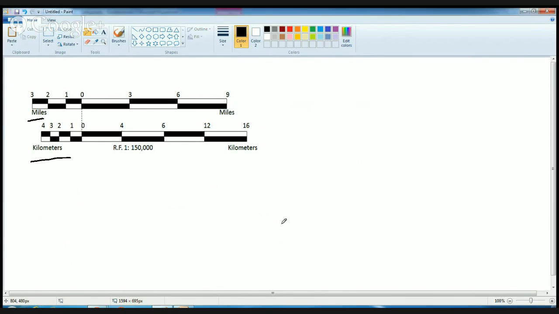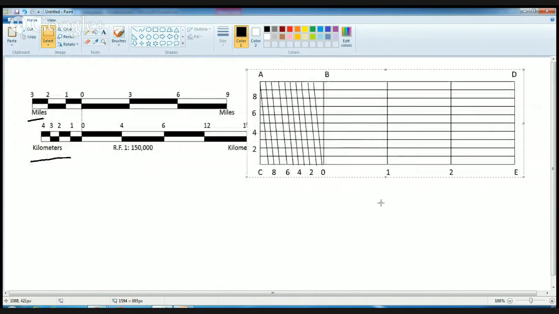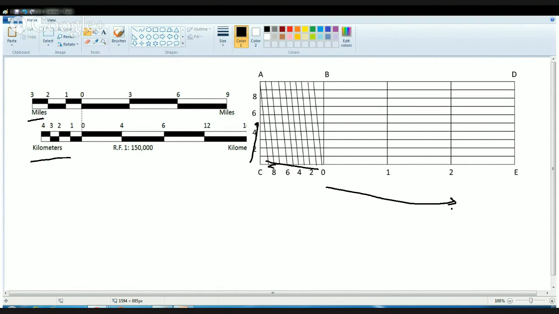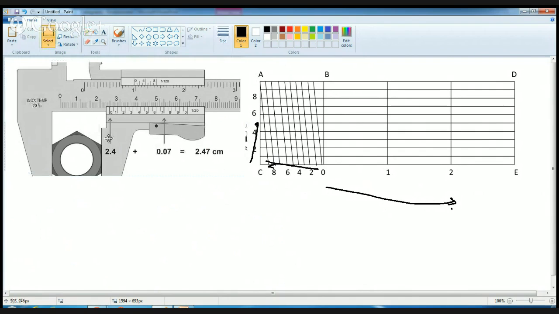Then we have the diagonal scale. In diagonal scale, you have three components. First, we are considering the values on this, 1, 2. Then we are talking about 0 to 10 here, and then further 0 to 10 here. So we are talking about three various dimensions. And finally is the vernier scale.